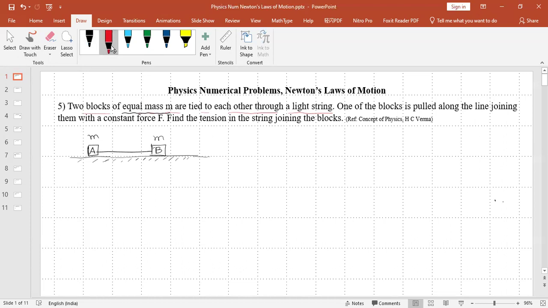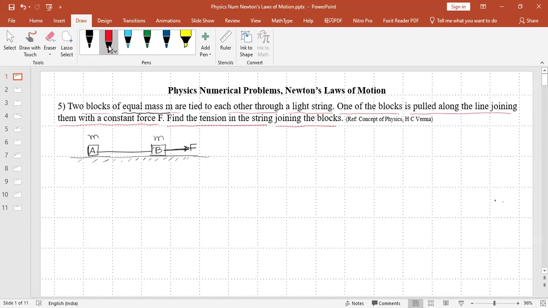Then it says one of the blocks is pulled along the line joining them with a constant force F. Let us say this block is pulled with constant force F. Find the tension in the string joining the blocks.